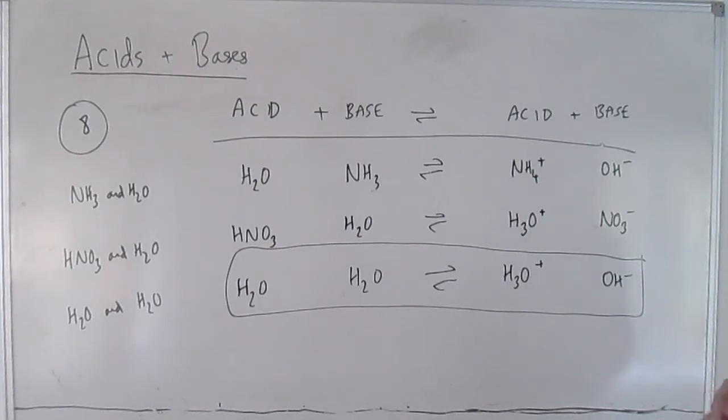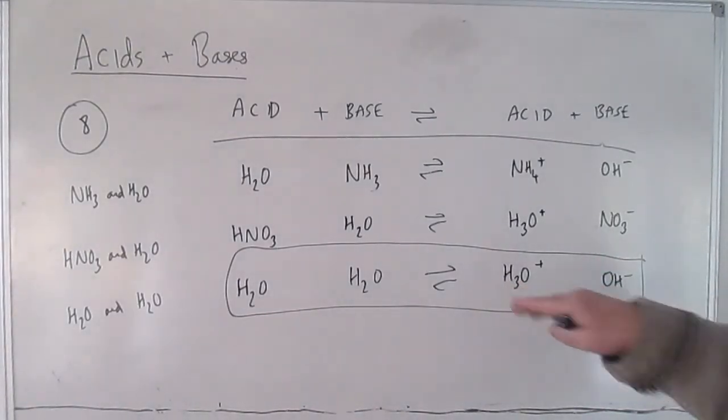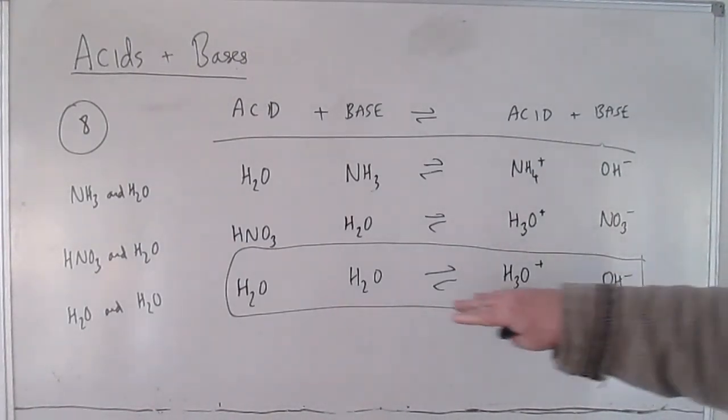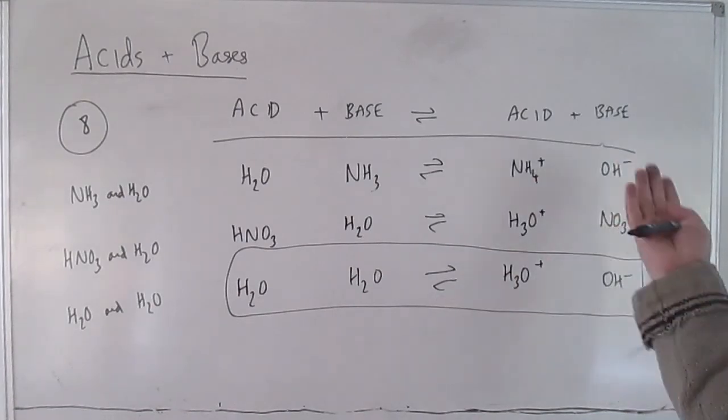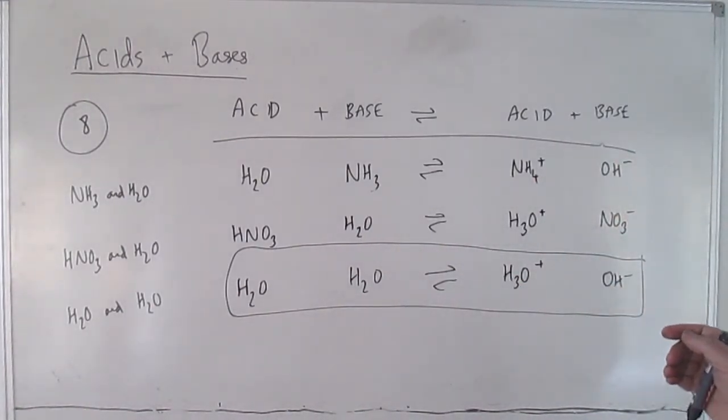But it does happen a bit, and this self-ionization of water to make H+ ions, or H3O+ if you write them in the Bronsted-Lowry way, and OH- ions, actually has quite an important role to play in issues to do with pH, which we'll get onto later. So don't get the wrong idea. Just because we can write this equation, it doesn't mean that it completely changes your view of water and you think, oh, water's full of ions.